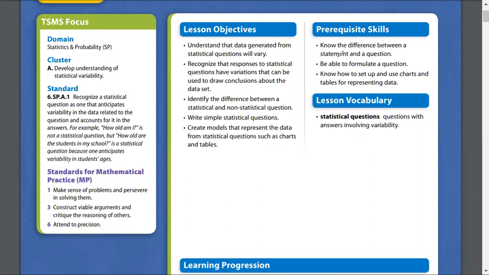This lesson is going to coincide with Teacher Toolbox Lesson 26, and it will be split into two videos.